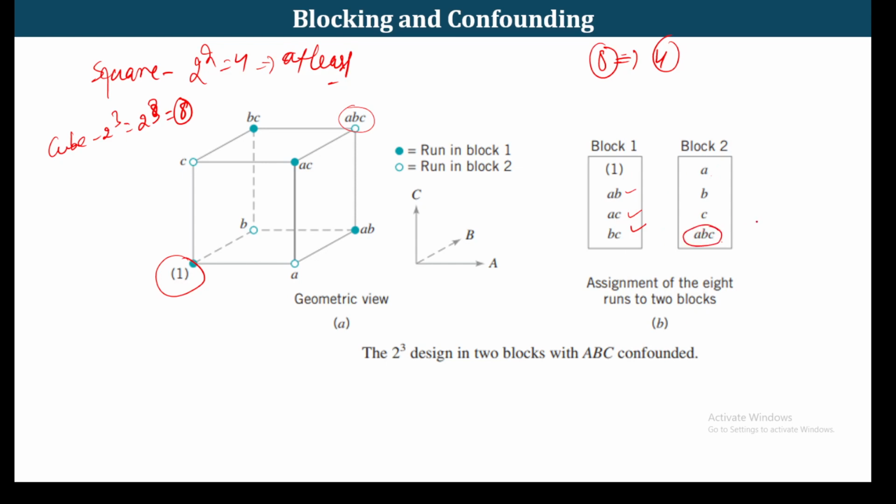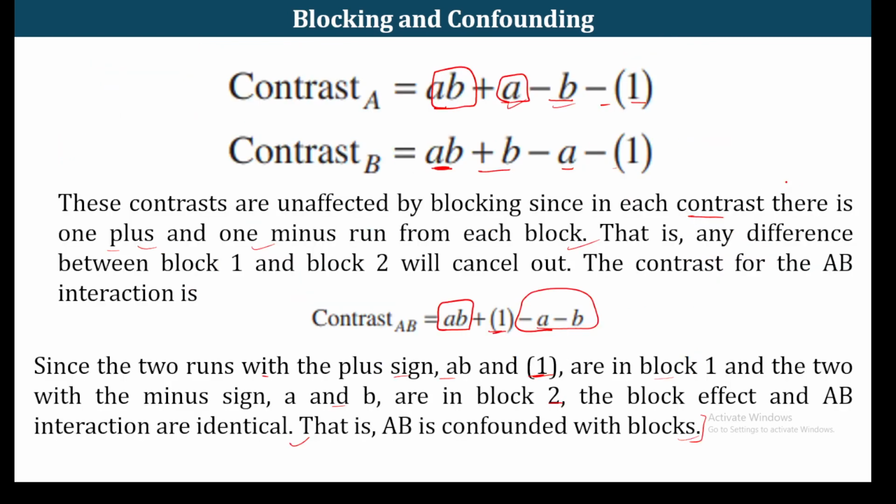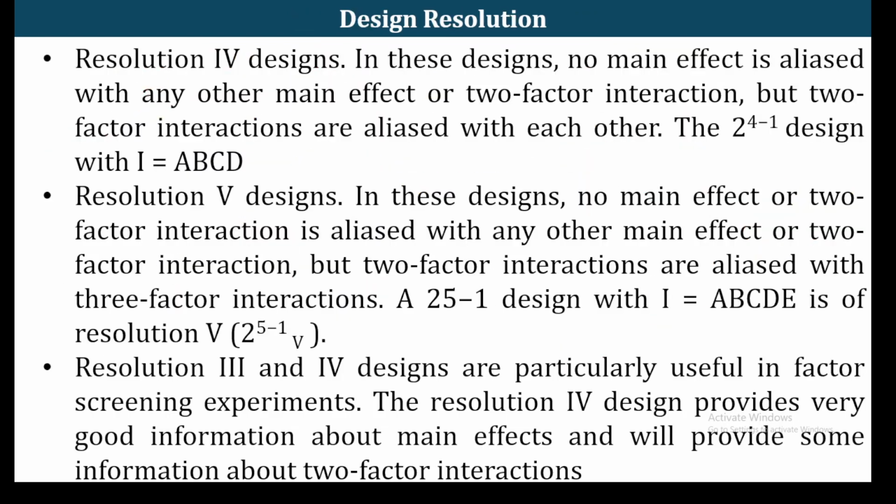How? If ABC is confounded, it will reduce the number of runs. And one more thing, in the last session I told you that ABC will always be I, the identity, always positive only. That's how they reduce the number of experiments. So this is all about confounding and blocking.